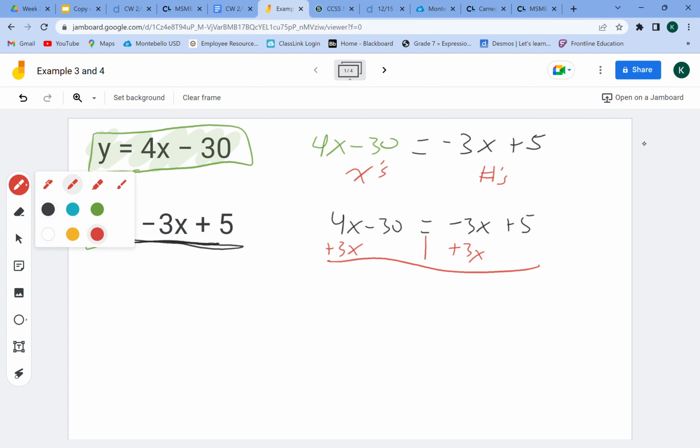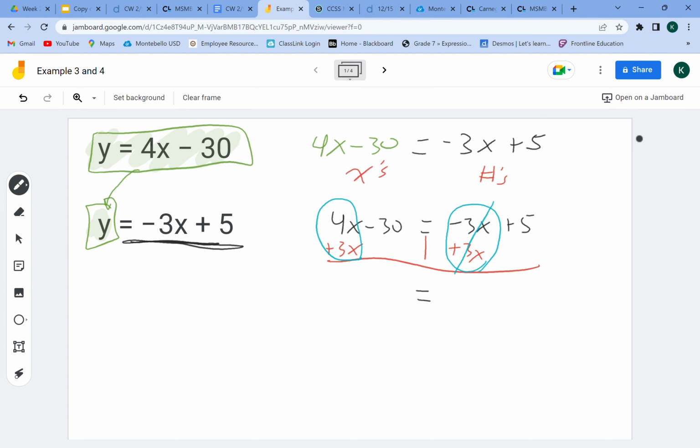Now I'm going to combine these like terms, these like terms here and then these like terms here. If I combine negative 3x plus 3x, I get a giant 0, so that's gone. And on the right side, I'm left with just the 5.